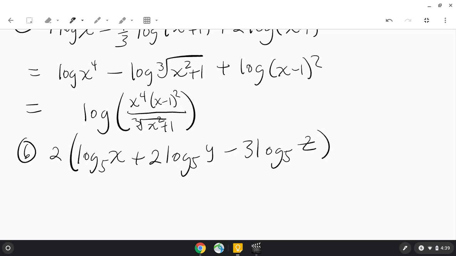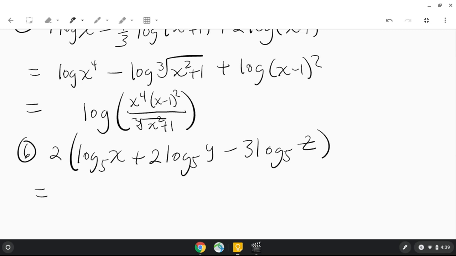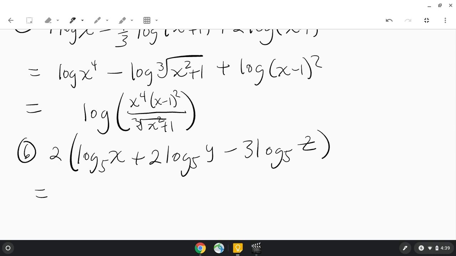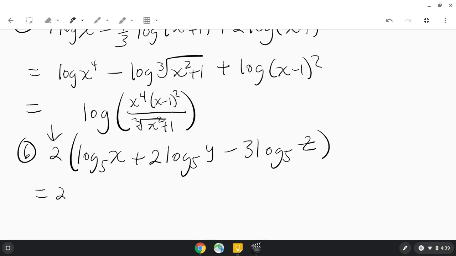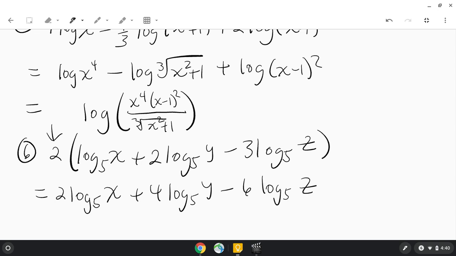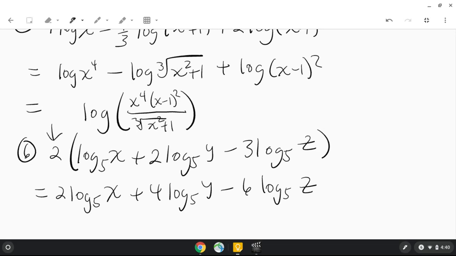If you have this 2 on the outside, all you need to do is distribute it to all of the terms inside. So you would get 2 log base 5 of x plus 4 log base 5 of y minus 6 log base 5 of z. All you did was multiply all the coefficients by 2.